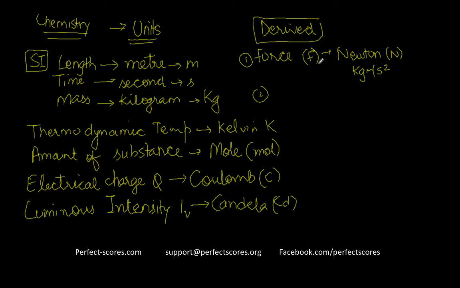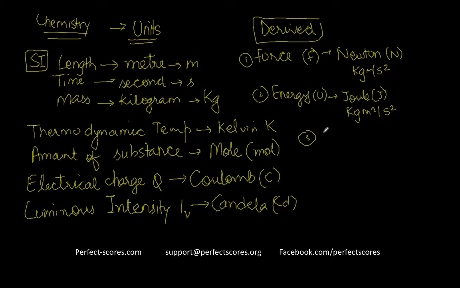The second derived unit is of energy, which is represented by U, and the derived unit is a joule. In terms of the SI units, 1 joule is equal to 1 kg meter square per second square.